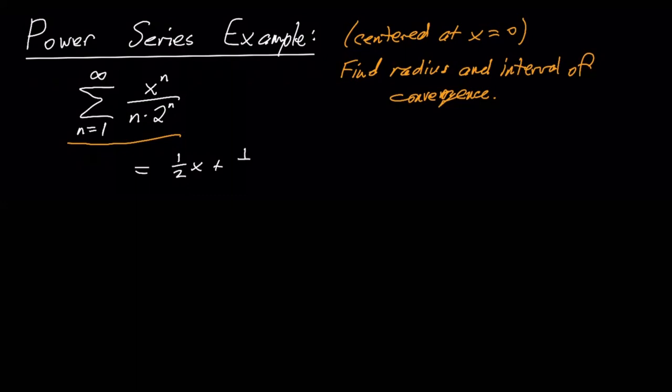That's 1/8 x squared. You can keep going. The next one is 1 over 24 x cubed, and then 1 over 64 x to the 4th. Maybe it's not that important, but it's nice to get a little bit of a feel for what this looks like.